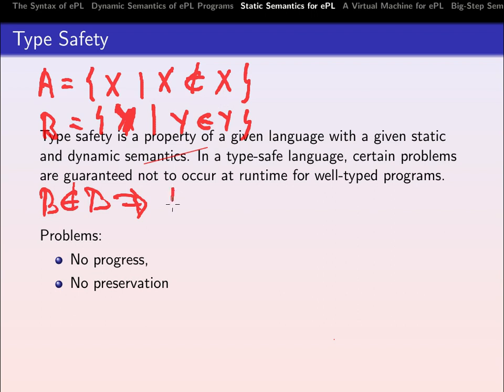Then it must be the case that B belongs to A, right? Was it A or was it B? It should be A, yes. So where is A? Does A contain itself or it doesn't?